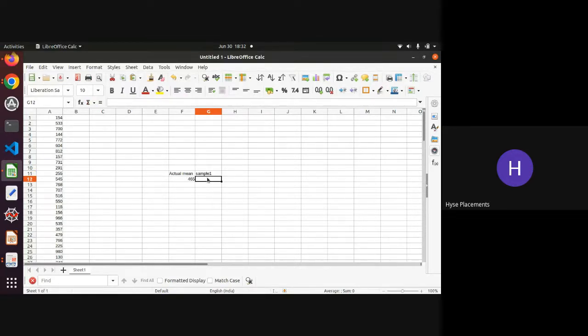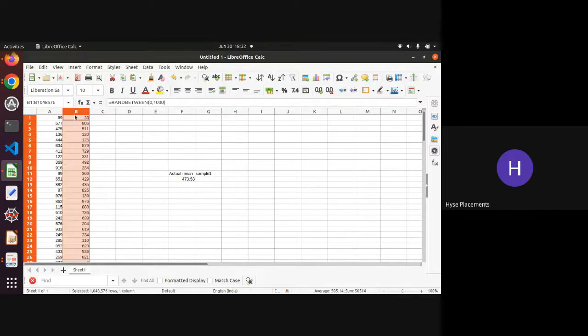I'll take sample one, and, oh, the mean value is changing. Okay, I'll copy these values because of the formula. Now we'll calculate the average for the B column, because the values are changing, right?